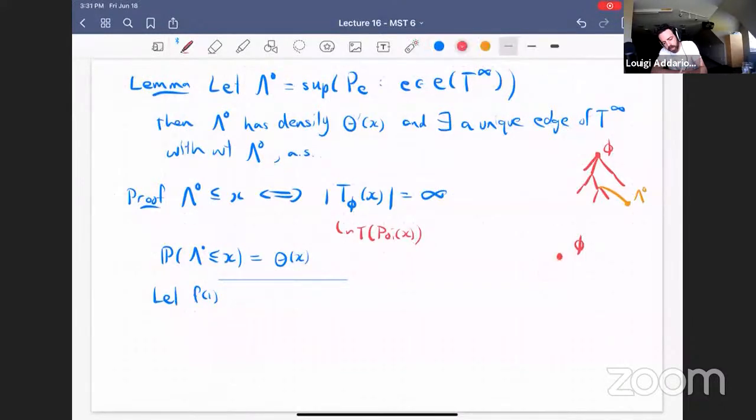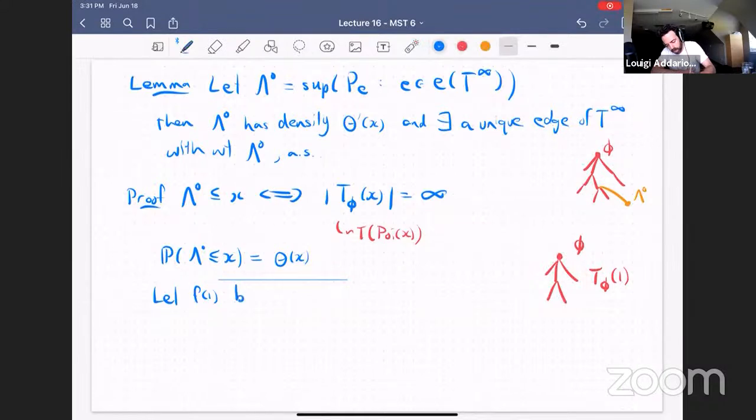So if I look at the tree T theta 1, where I only have edges of weight at most 1, that's a critical Poisson-weighted tree, so it's almost surely finite. And so I can look at the smallest weight edge leaving this finite tree.